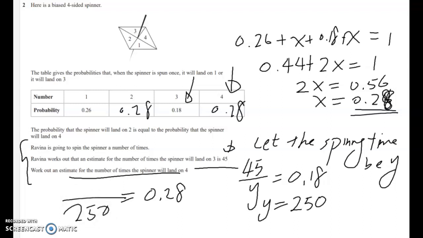So we can assume that the number of times you land on 4 should be z, and that should give you 0.28 as the probability. Again, doing simple calculation, you should find that z equals 70. So that is the final answer that we should be getting for this question too.